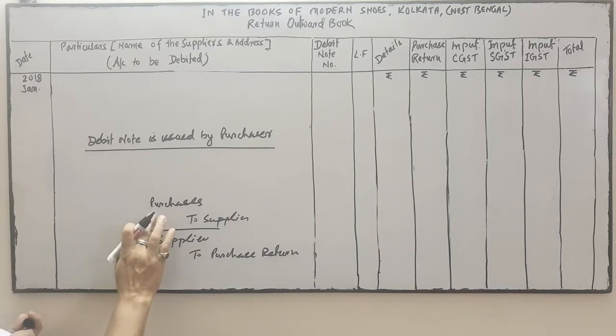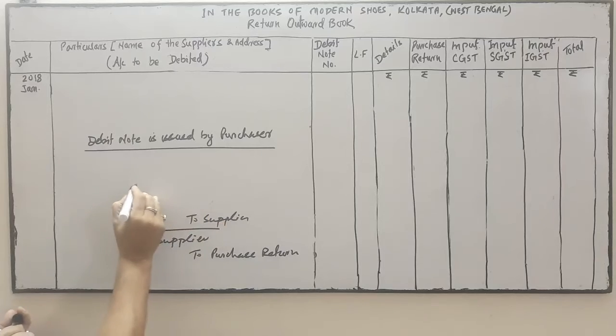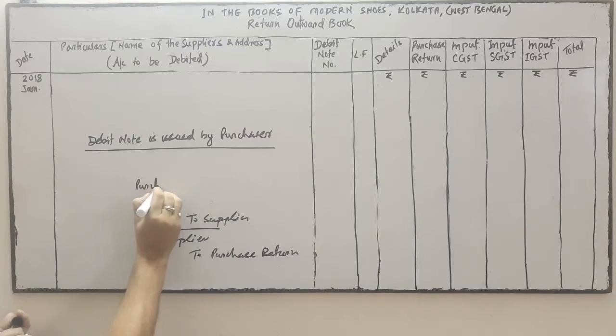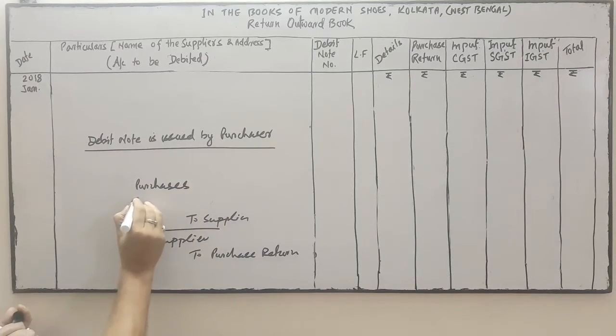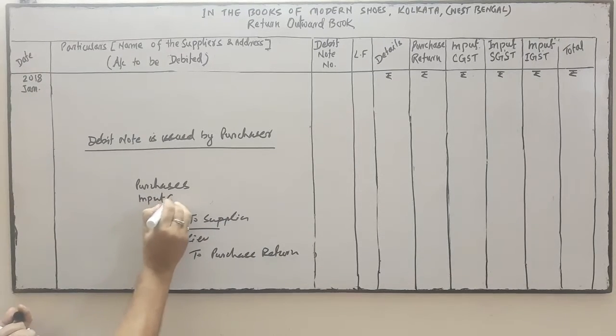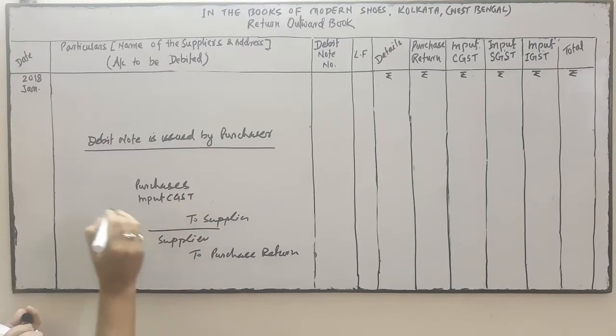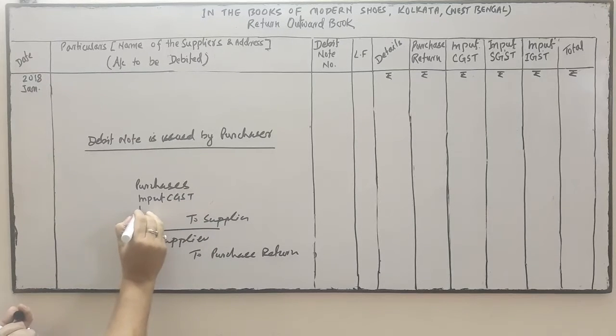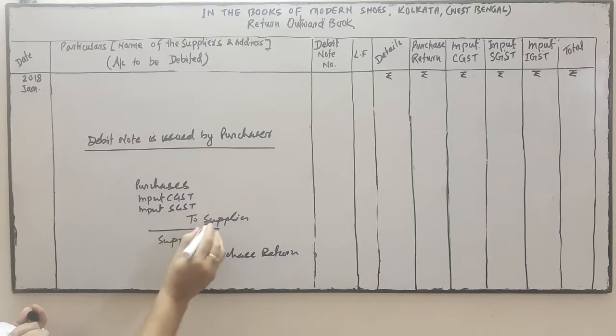And when we purchase the goods, you know it well, purchase account is debited, input CGST and input SGST, if it is intra-state, will be debited to supplier.